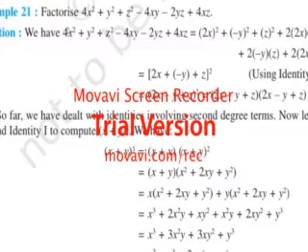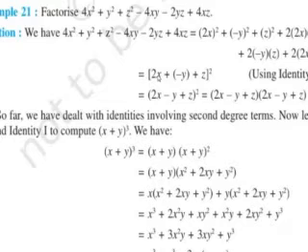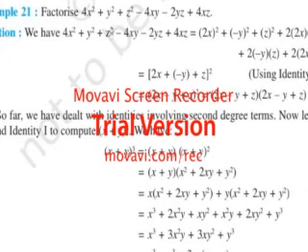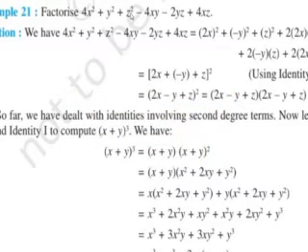So when we made this 4x square as 2x into 2x, the second term will become minus y whole square. I hope all of you are understanding it, since here it is minus. So maintain this, and for this it has been arranged as minus y whole square, then only it will become minus 4xy.